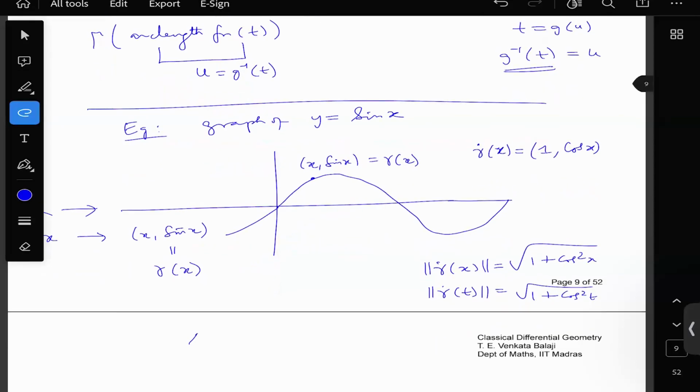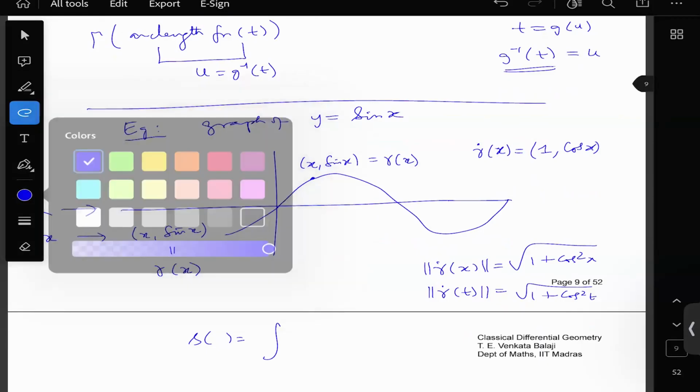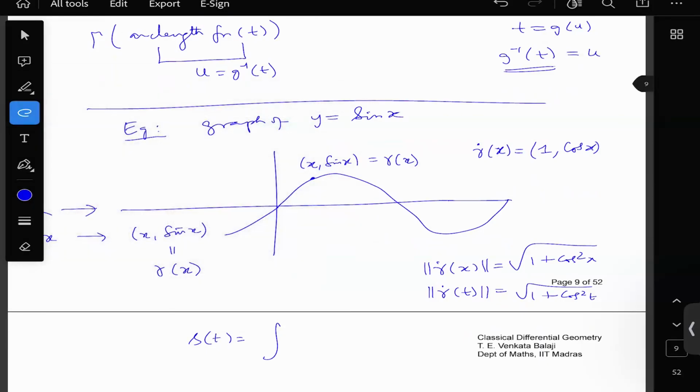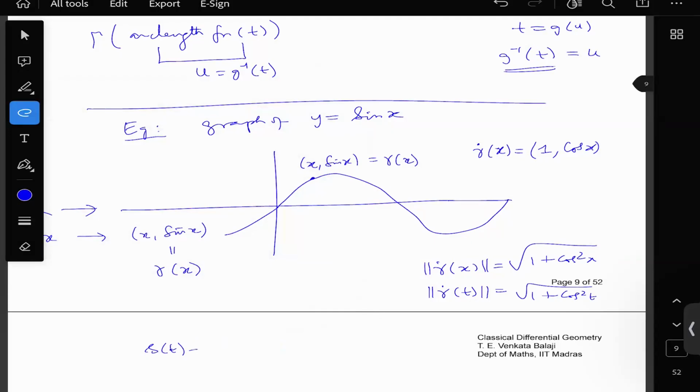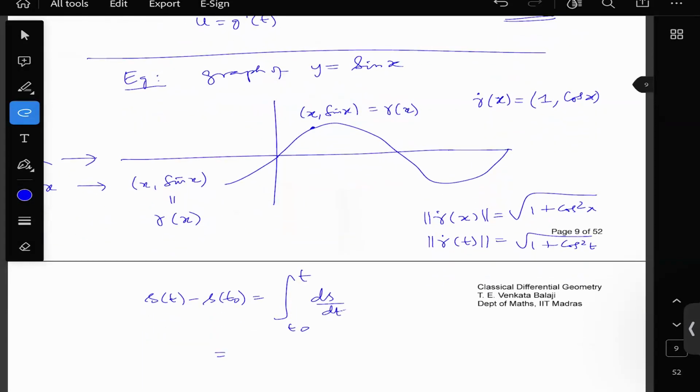So what is the arc length? Let me use the variable t as our parameter. So s of t minus s of t naught is equal to the integral from t naught to t of ds, which is ds by dt if you want.